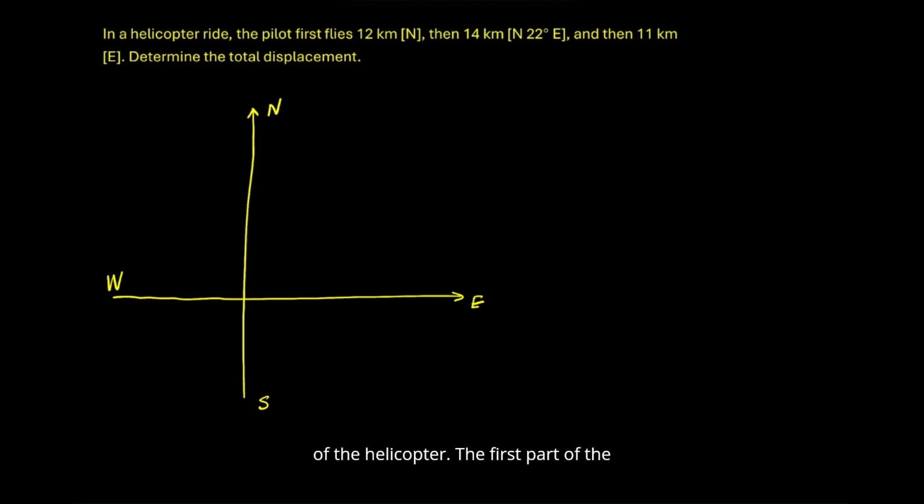The first part of the journey is 12 kilometers due north. So we can represent this with an arrow pointing straight up along the y-axis, and the length is 12 kilometers. And next, the pilot flies 14 kilometers in a direction 22 degrees east of north. To draw this, we'll start from the end of our first arrow.